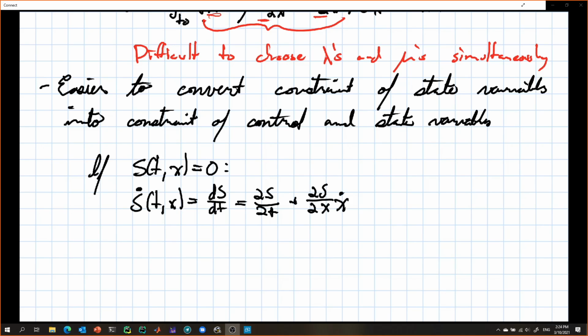That's just a chain rule, right? And this is equal to 0 because the derivative of 0 is 0. Then we have x dot equal to f.